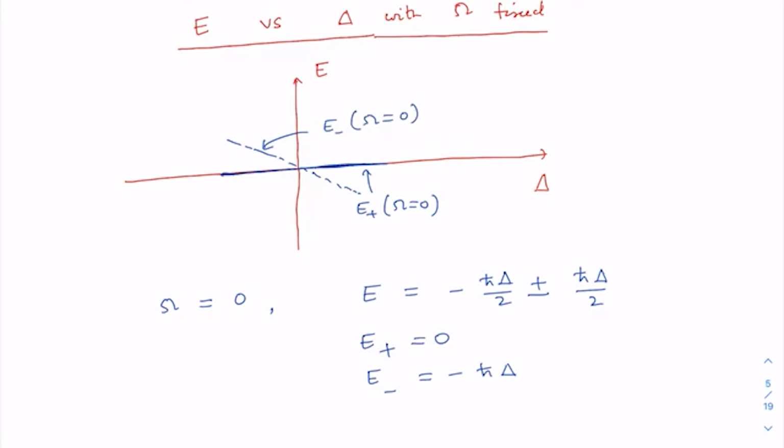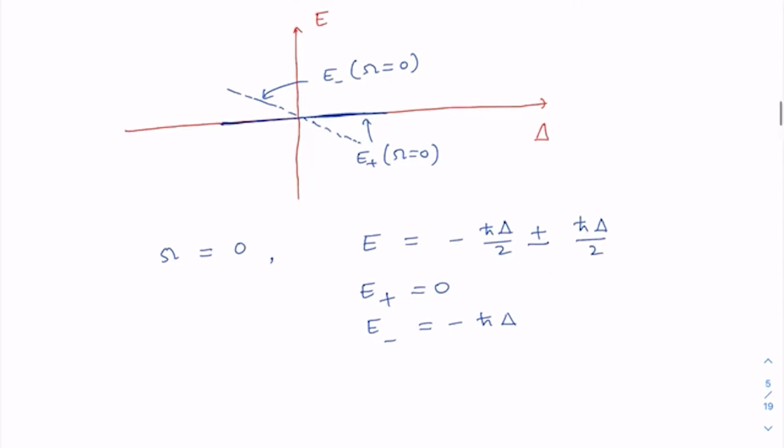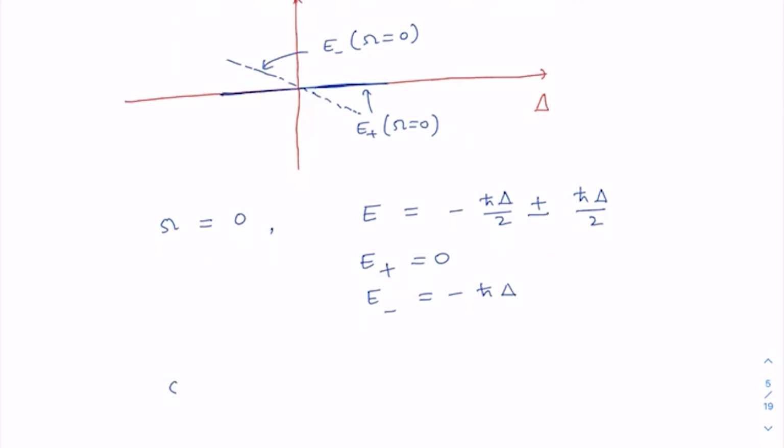There is no coupling. Now when the coupling is there, when omega is not equal to 0, then we have E plus minus is equal to minus h cross delta by 2 plus minus h cross square root of omega square plus delta square.